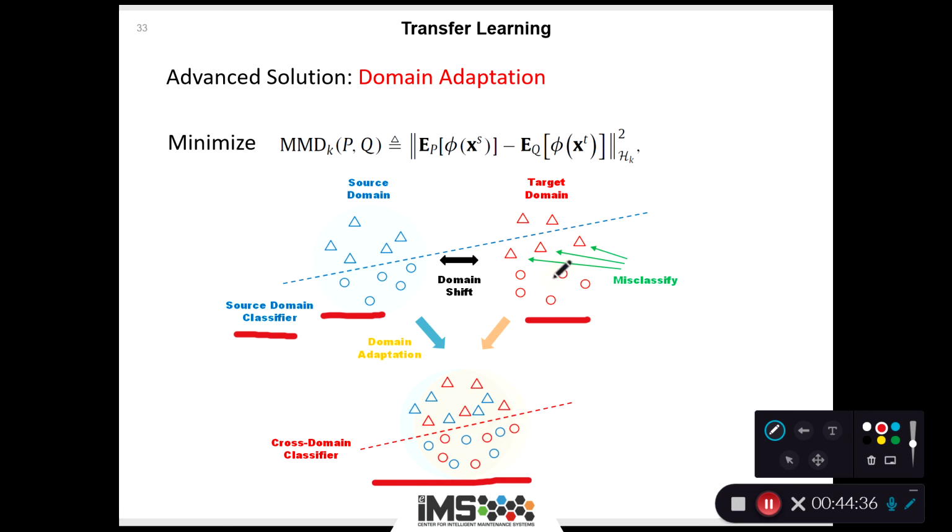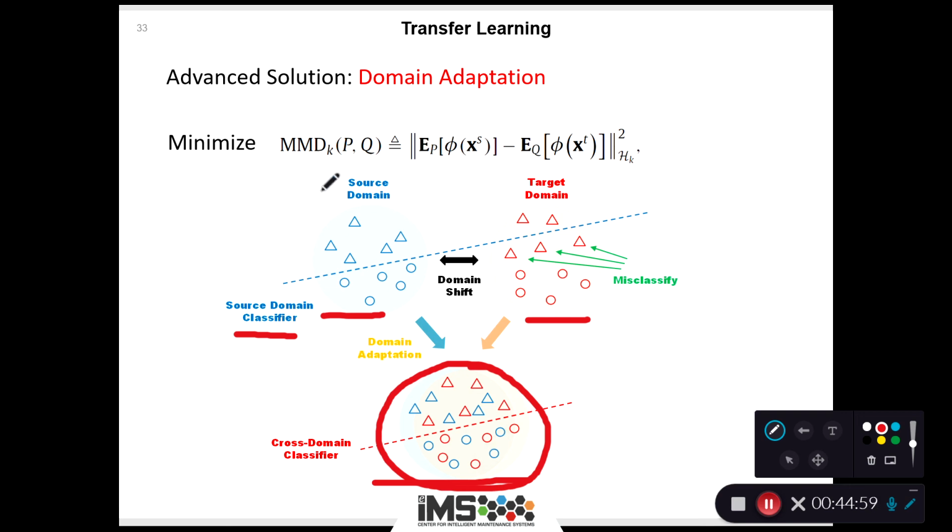In the original data space, the representation is not good, so we can learn another representation. And in that higher level space, the blue and the red are in the same area. If we achieve this goal, then we can transfer the knowledge learned from the source domain to the target domain.